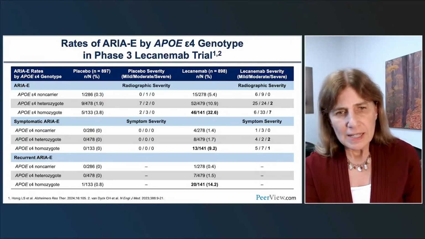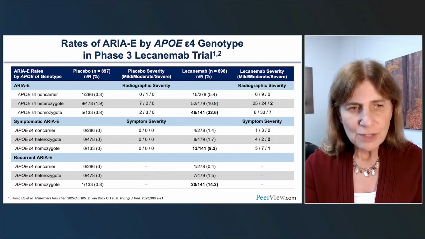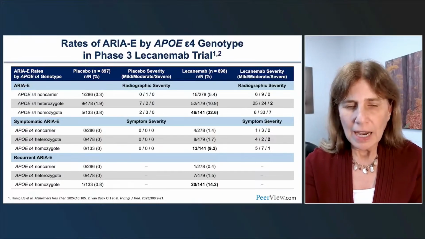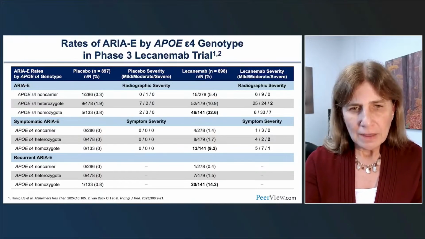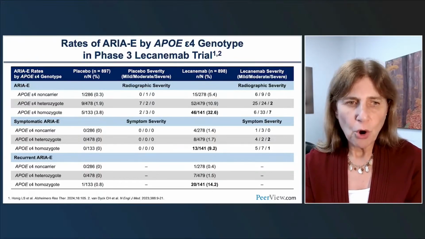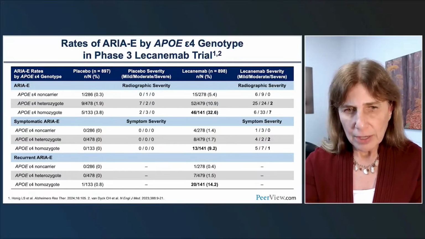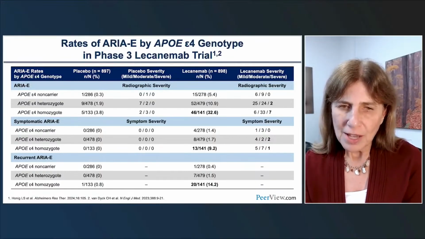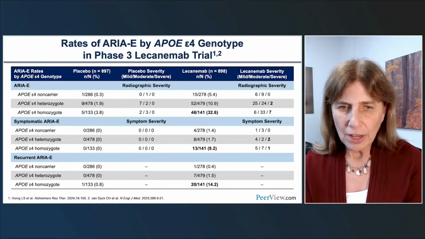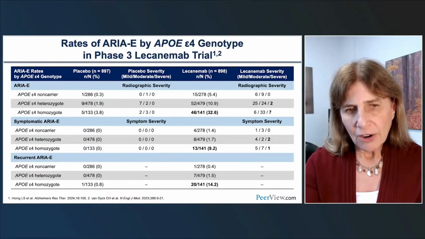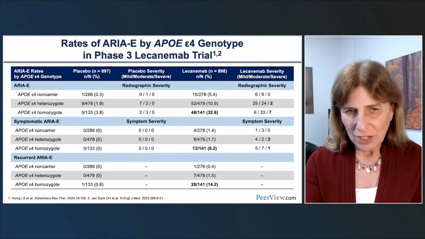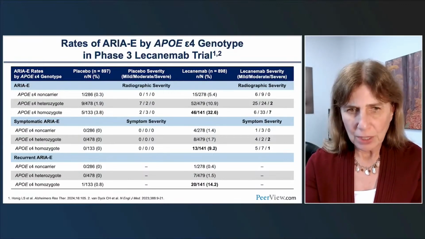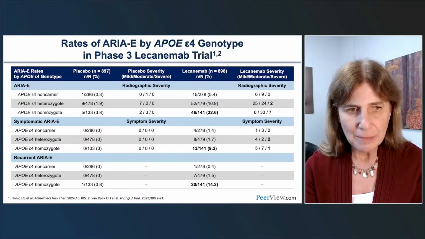And similarly, as far as symptomatic rates, they're quite low, but nonetheless, with the ApoE4 homozygotes, you have a 9.2% risk of symptomatic ARIA-E, whereas ARIA-E was symptomatic in 1.4% of the non-carriers and 1.7%, pretty similar, in the heterozygotes.